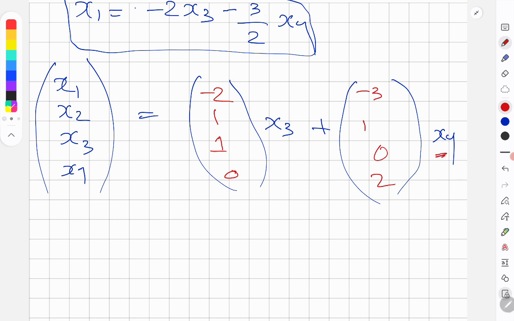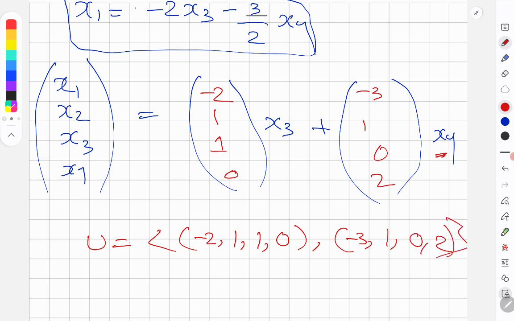But you cannot do that with a particular solution. Remember, you cannot do that with a particular solution. This is the span of the vector space, so you can do it. Here you can write u as minus 2 1 1 0, minus 3 1 0 2. This is my u.